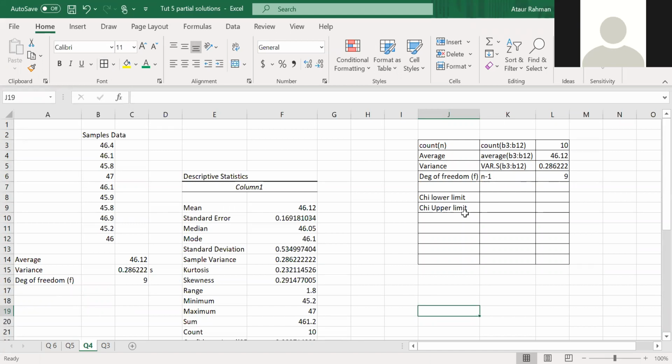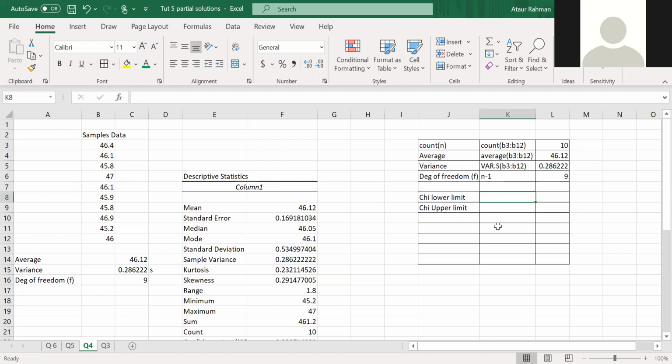In this case, we want to find the 95% confidence interval. That means that we have to have 0.025 on the left and on the right, so we are really dealing with two limits.